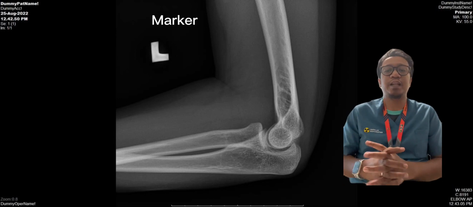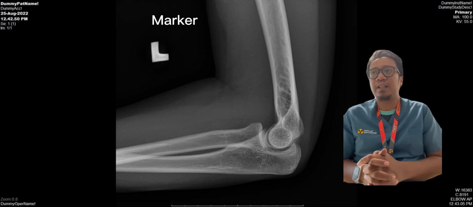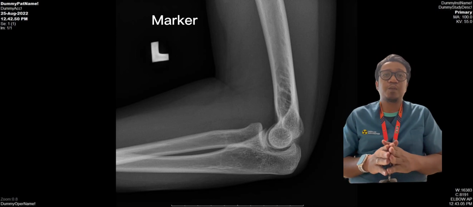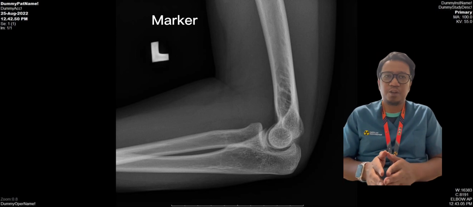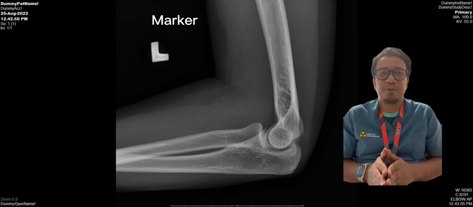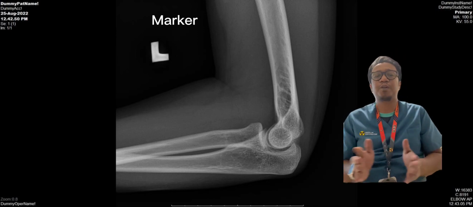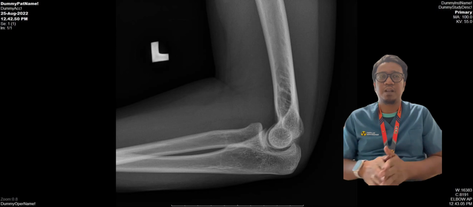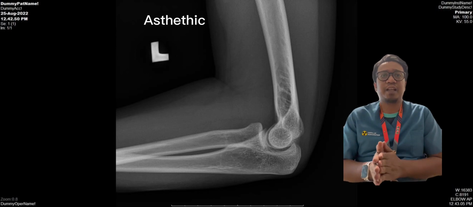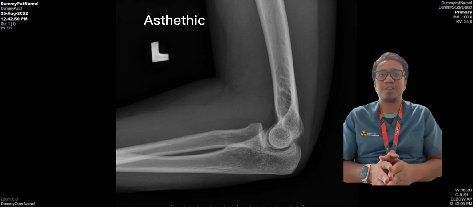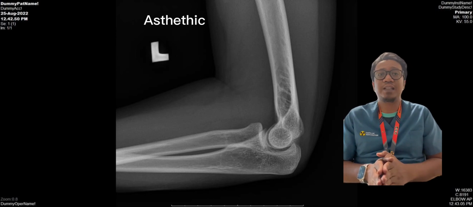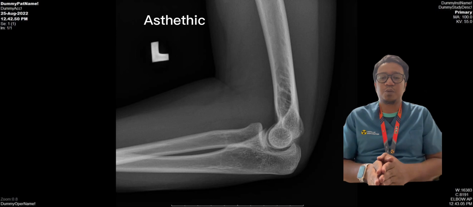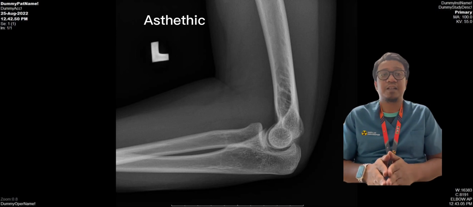So we continue with the M. It stands for marker. There is evidence of an anatomical marker shown in the radiograph, correctly placed on the left side of the body and placed appropriately, not superimposed on any region of interest. And then A is for aesthetic value. The film size used is 24 by 30 centimeter, which is sufficient to demonstrate all structures of interest.